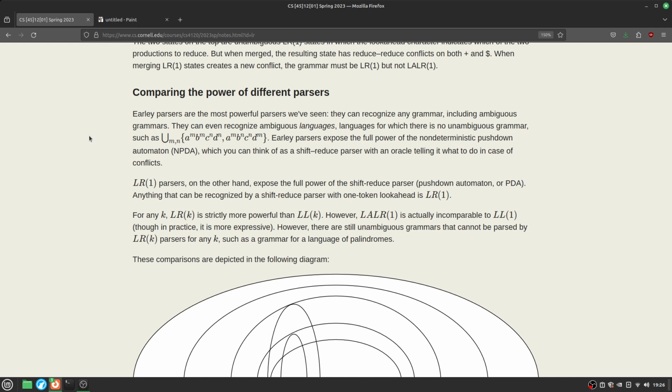They can even recognize ambiguous languages, languages for which there is no unambiguous grammar, such as the union of M and N. Earley parsers expose the full power of the non-deterministic pushdown automaton, NPDA, which you can think of as a shift-reduce parser with an oracle telling it what to do in case of conflicts.